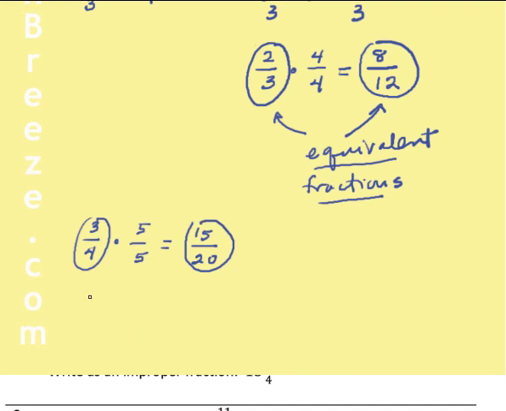Now let's say we start with the fraction 2/3, and we want to find an equivalent fraction where the denominator is equal to, let's say, 21. Well, we say to ourselves, what do we multiply 3 by to get 21? Well, 3 times 7 is 21. So if we multiply the numerator by 7 as well, we will get an equivalent fraction. 2 times 7 is 14, so this is an equivalent fraction.